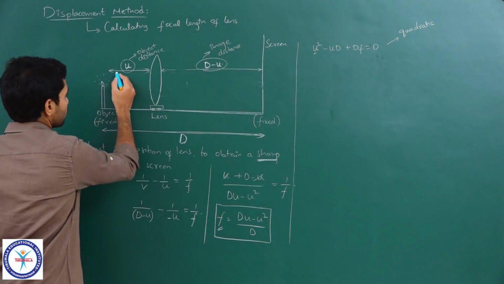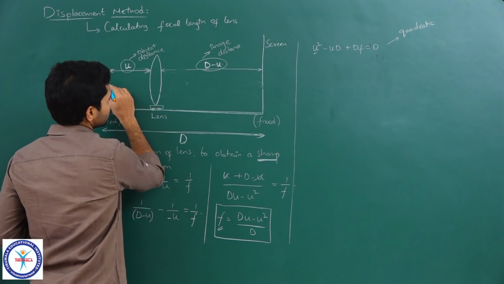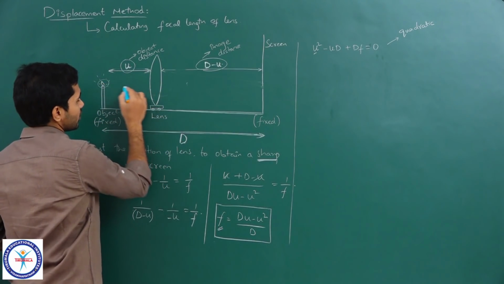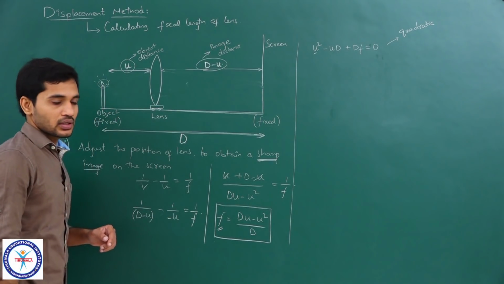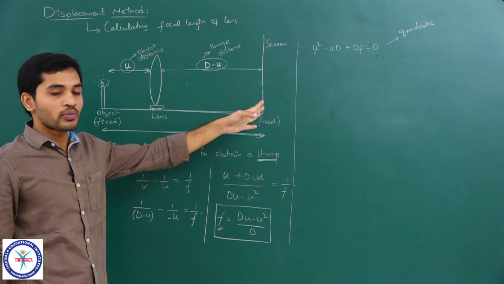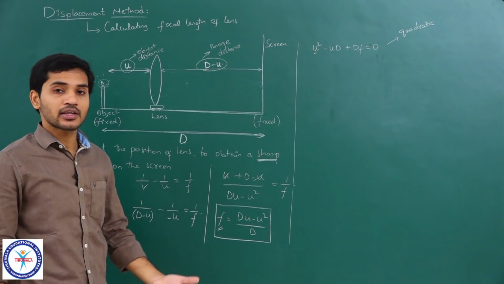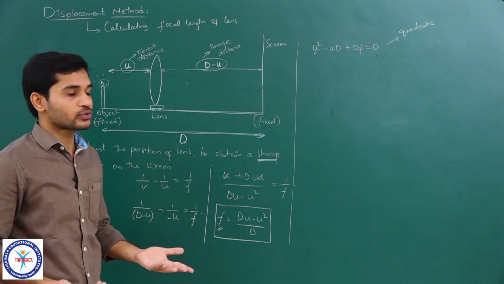See, if this length is u, I know that the image of this object will be exactly formed on the screen. Now, that equation is telling me that the image is exactly formed on the screen for another value of u also. And what is that another value of u, and why are we having two values of u?